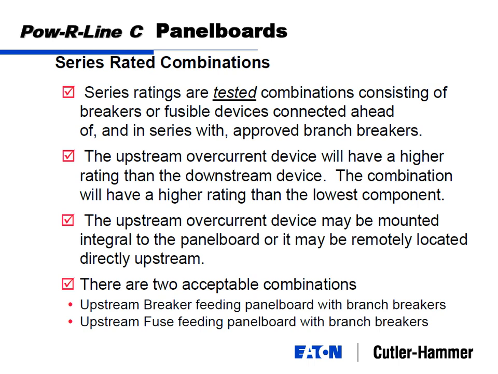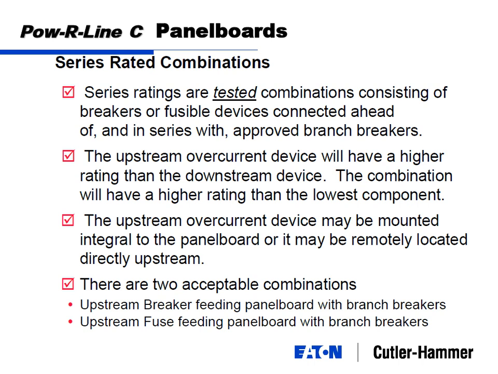So again, series ratings, these are tested combinations of breakers or fuses. We publish them, or all manufacturers publish them. So you can't just take any two breakers. You have to look at a chart and say, I can use this feeder breaker with this main breaker up to this amount of fault current. Upstream overcurrent device always has a higher rating than the downstream device.